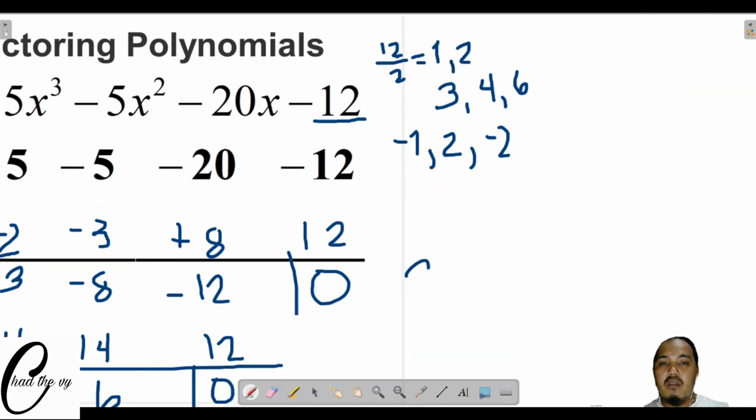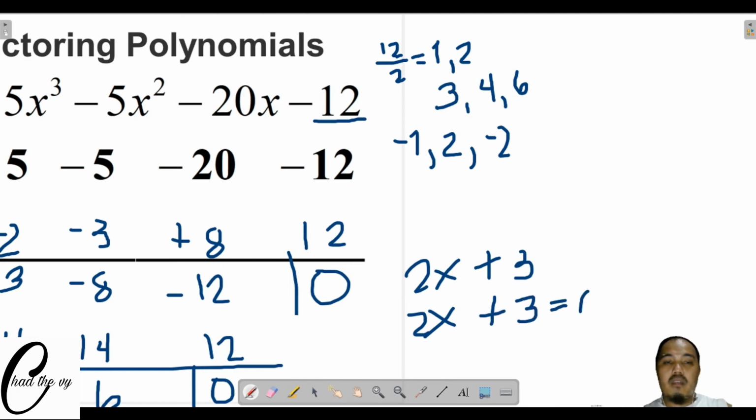2x plus 3. Evaluate natin yan. Hanapin natin yung x. So 2x plus 3 equals to 0. So add tayo dito ng negative 3.